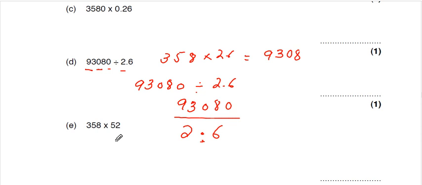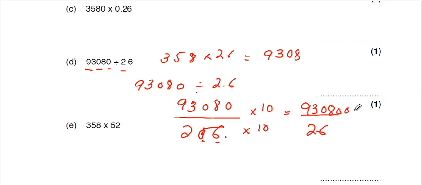So as I just told you, to remove your decimal you need to go forward how many times? One time, right? Because you need your decimal over here now. So what you will do, you will multiply by 10 in the bottom and in the top. So your bottom number will become now 26 and the top number will become now 930800.